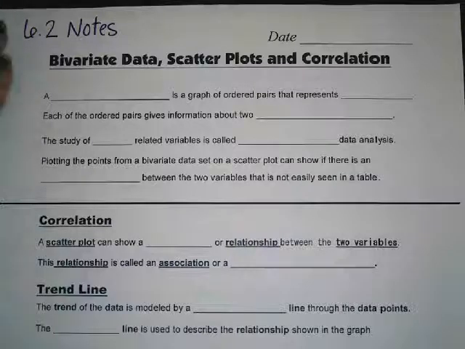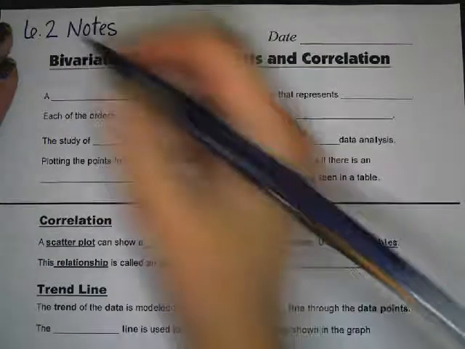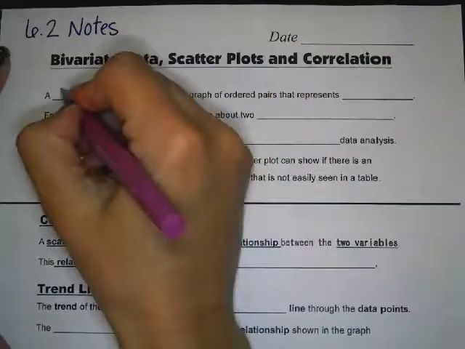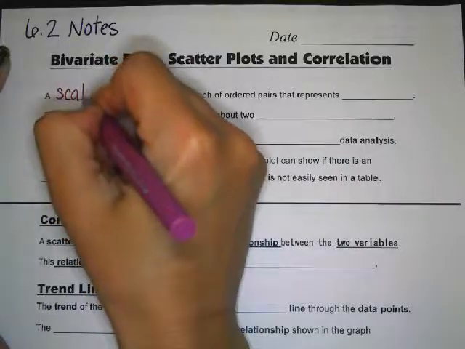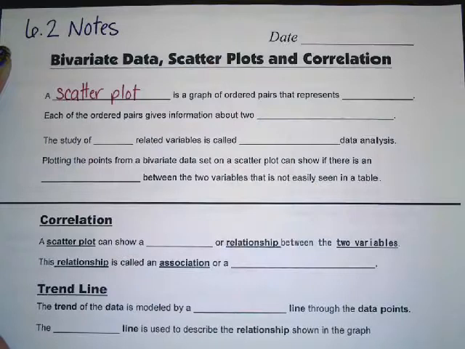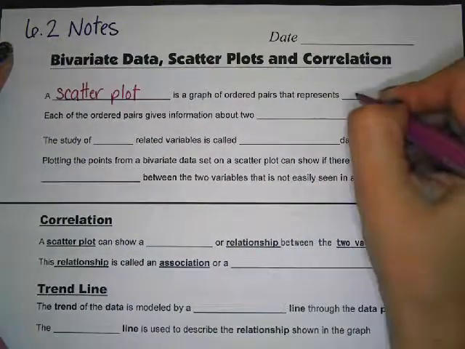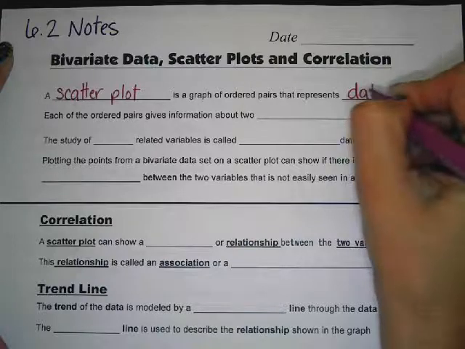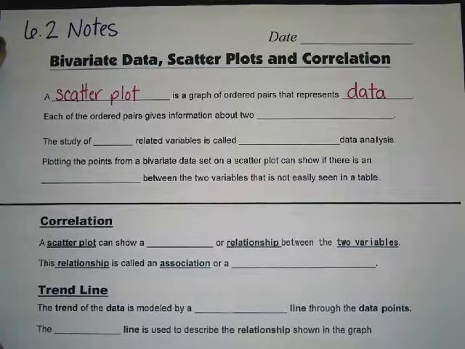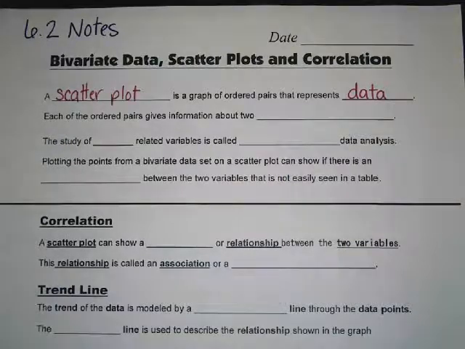So our first definition: a scatter plot is a graph of ordered pairs that represents data.